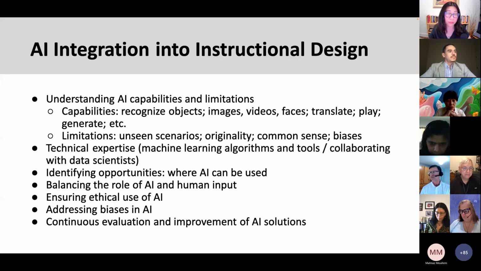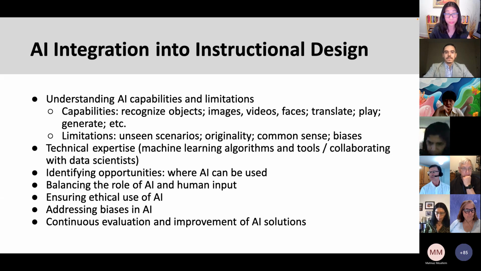As instructional designers, not all of us have expertise in computer science. I don't. So when it comes to artificial intelligence, there are technical aspects that we need to think about. We need to collaborate with people who are more familiar with the technical aspects, the data, or the algorithms. And then opportunities: what can we do?